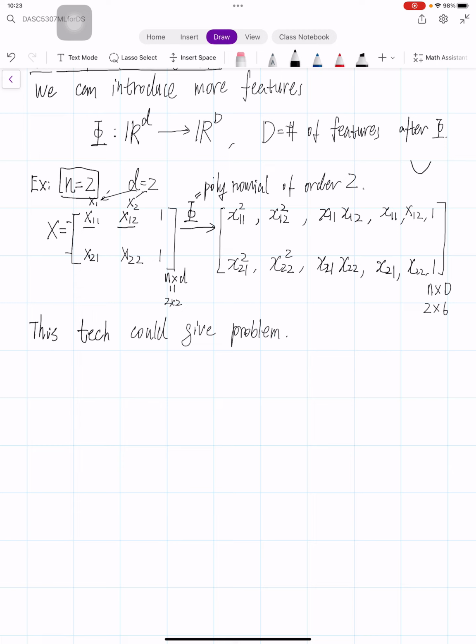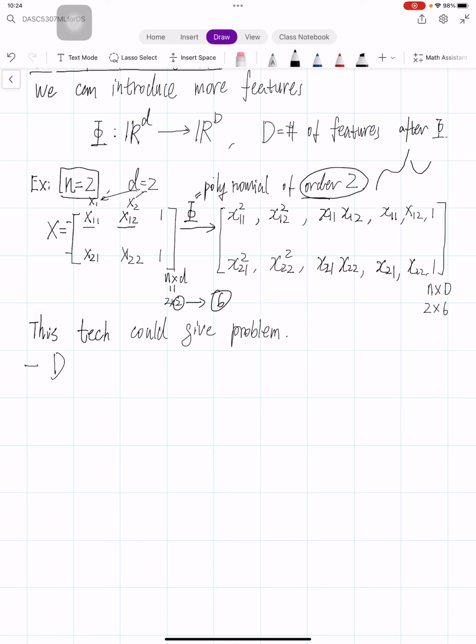Why is that? The first issue is that degree p polynomials will blow up this capital D. Here we only introduced the power of 2, so D increased from 2 to 6. If you want to not only introduce a quadratic pattern but also a cubic pattern, you have more and more terms.